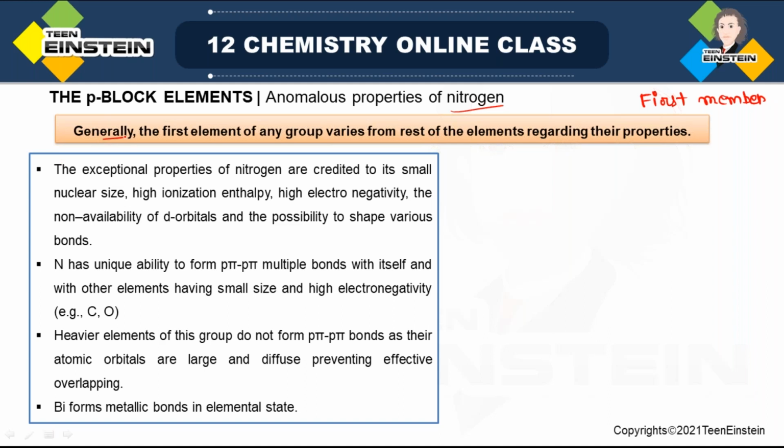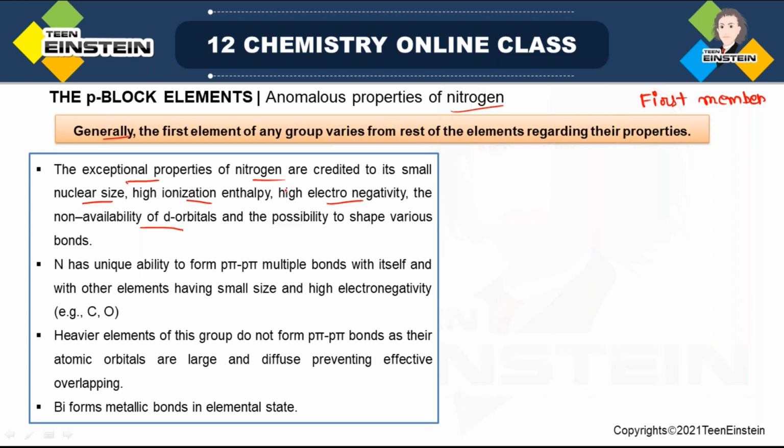So this is the general observation that the first element of any group will have some different properties compared to the other elements. The exceptional properties of nitrogen are because of its small size, high ionization enthalpy, high electronegativity, and non-availability of d orbitals.